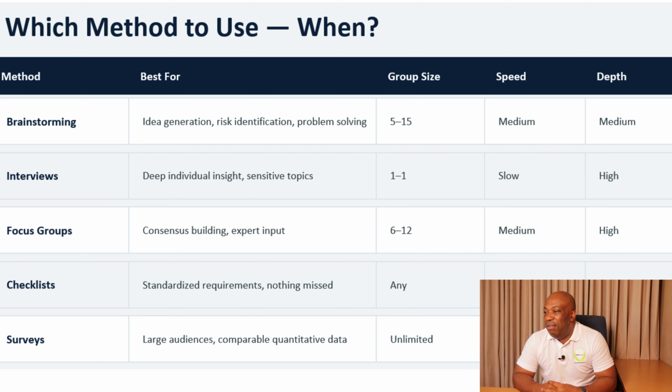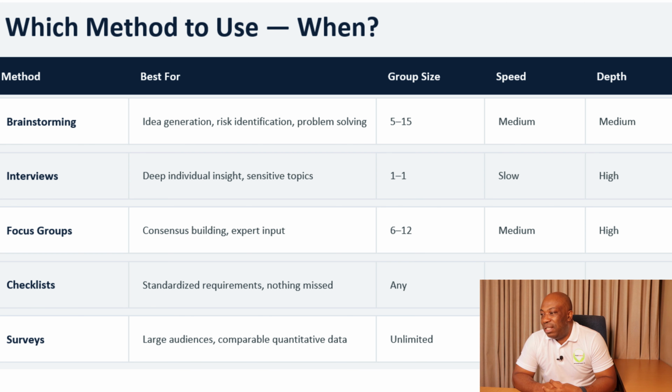When it comes to focus groups, you have consensus building and also expert input. You have experts to give you feedback, and the group size should be around 6 to 12. Then medium in terms of speed, and the depth is very, very high.